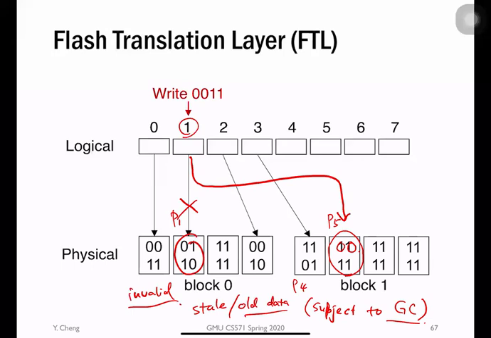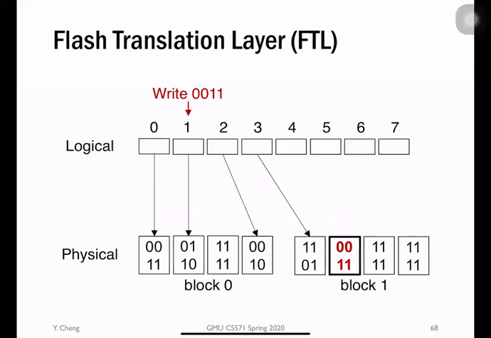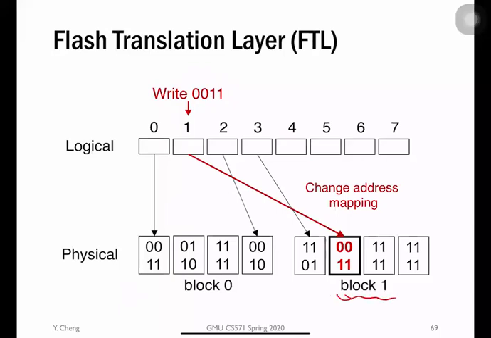So this is how it works. Let's go through the animation. It identifies a free page and writes this new data into page number 5. Then it changes the mapping, so logical address number 1 gets mapped to physical address number 5, which belongs to the second page under physical block number 1.